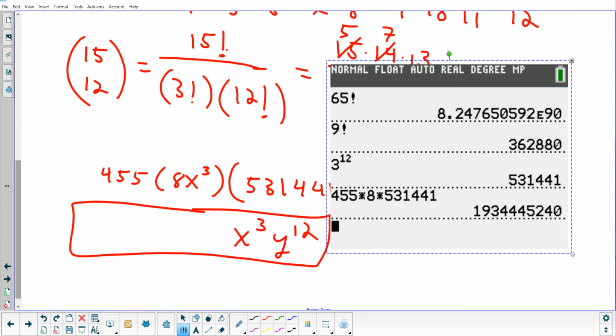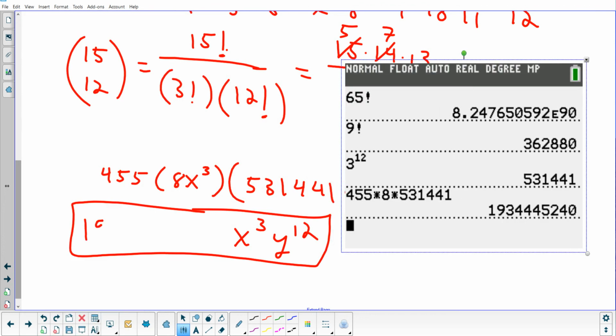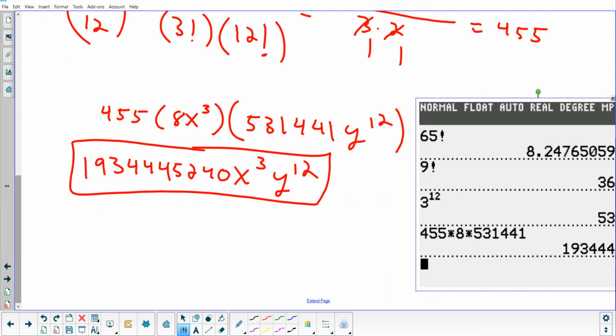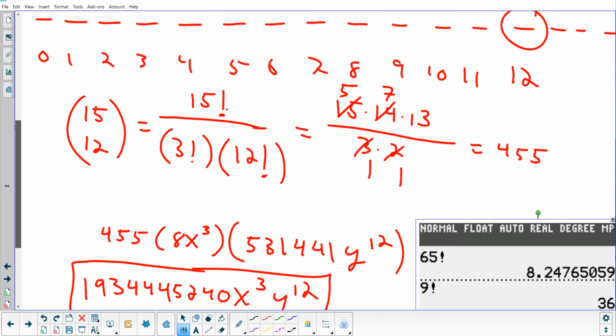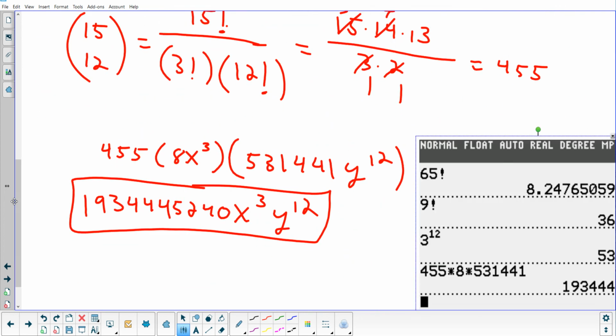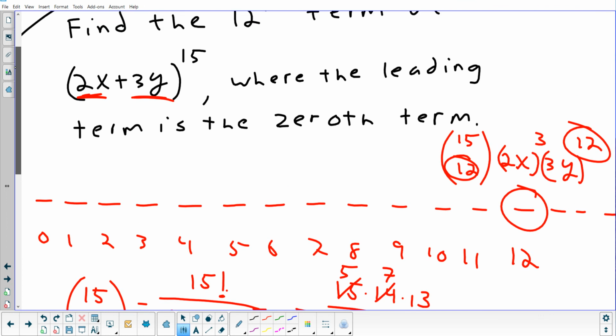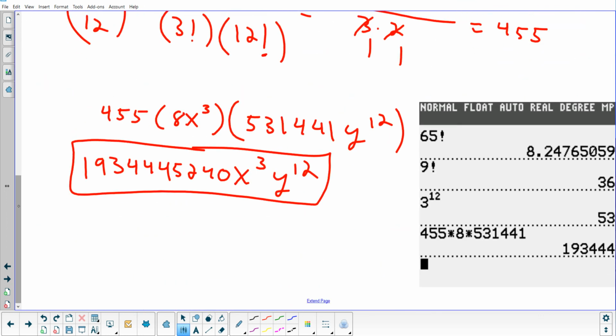Okay, so what do we got? 1,934,445,204. Where did that big number in front of y come from? 3 to the 12th. Oh, 531,441, that's 3 to the 12th. Alright. So if we were writing out this entire expansion, that would be the 12th term.